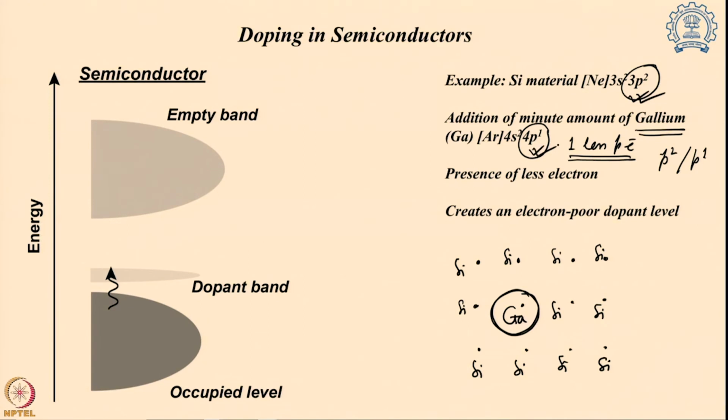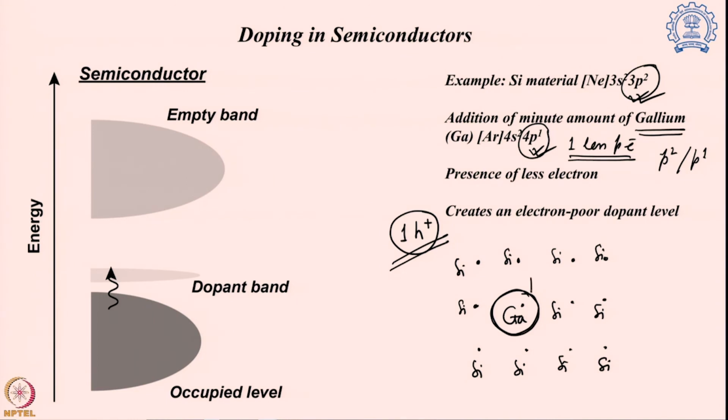So you can say it is one less electron, or you can say we have one extra hole. This hole formalism gives a very similar result, but instead of one less electron, we consider that we have one extra hole.